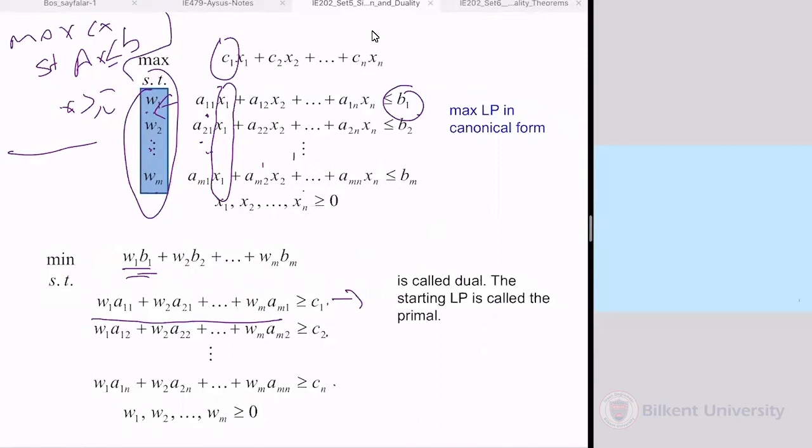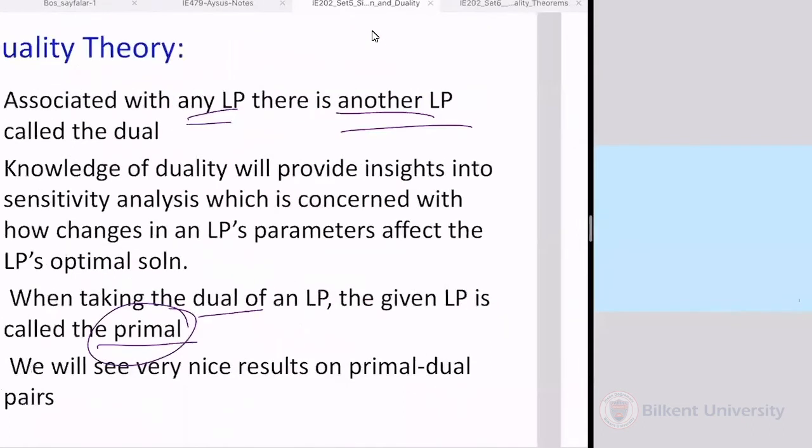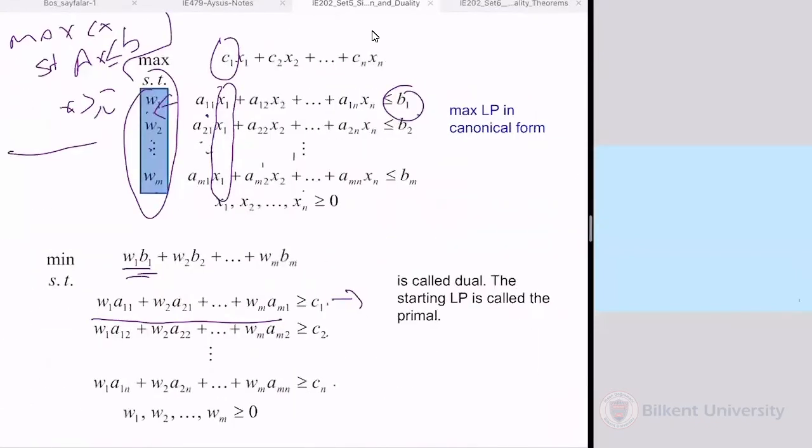In the original example I put you, it was 2 by 2, so it was easy to come up with those multipliers. But in general, with an m by n system, you need optimization for doing that, okay? So that's all we do. We associate multipliers for each constraint in the primal, and then we write a constraint for each variable in the dual.